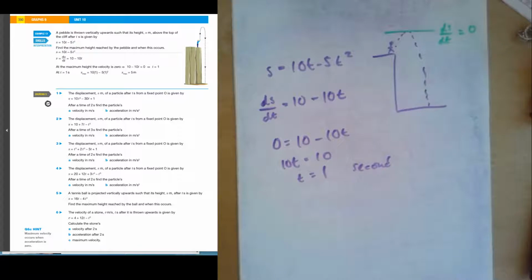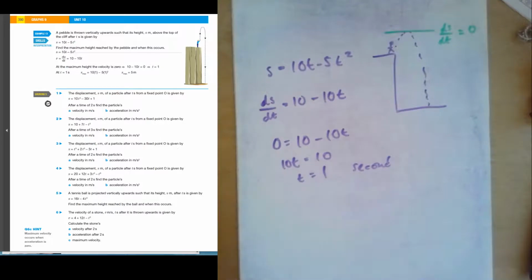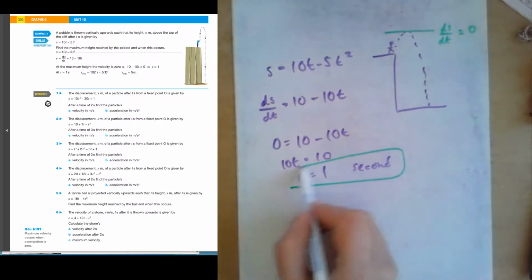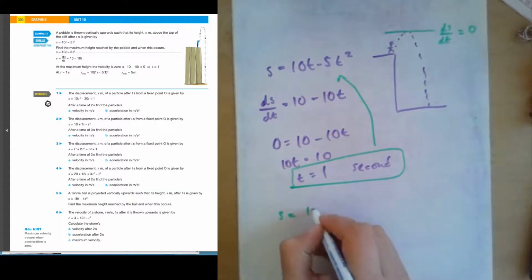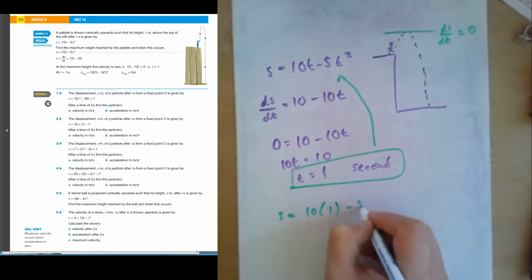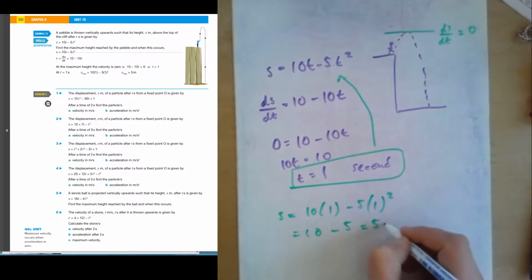They said find the maximum height reached by the pebble. The maximum height is obtained at 1 second, and they've told me this is how I can find the displacement. So now I need to put this into the equation. s is 10 times 1, take away 5 times 1 squared, which is 10 take away 5, which is 5 meters.